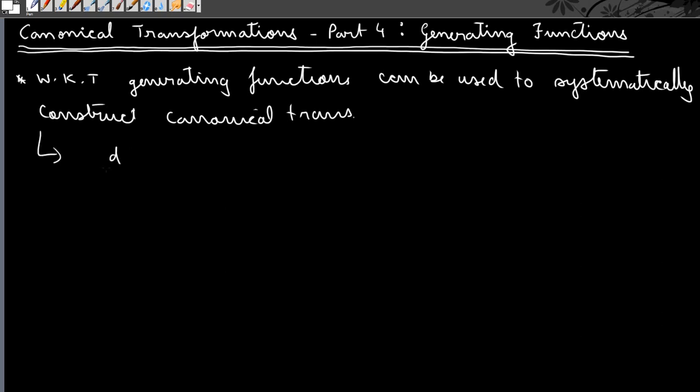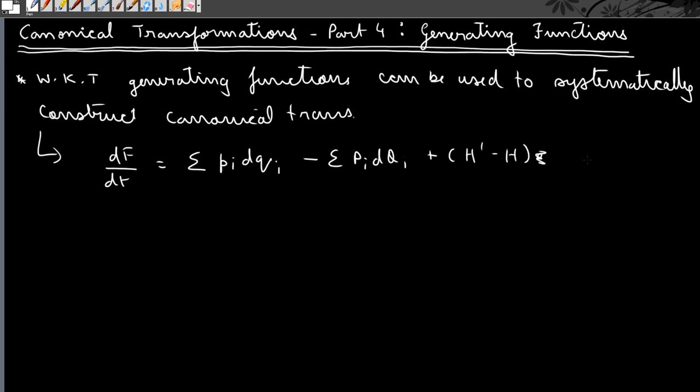So the relationship was dF/dt equal to summation p_i q_i dot minus summation P_i Q_i dot plus H' minus H. Okay, so this I'm going to call equation number 1. This relation we have derived in our previous lecture.